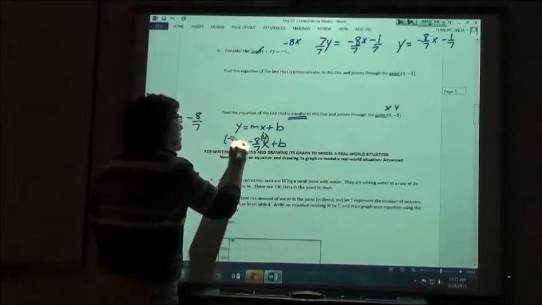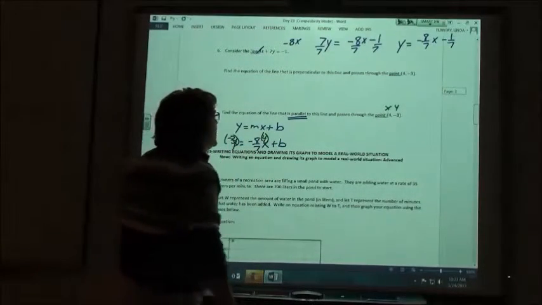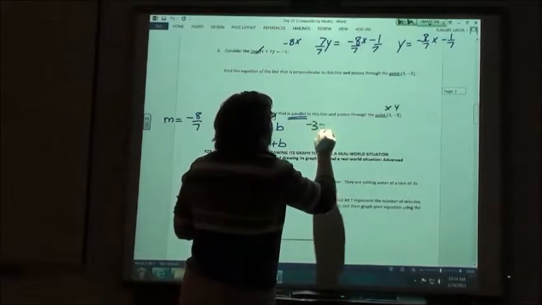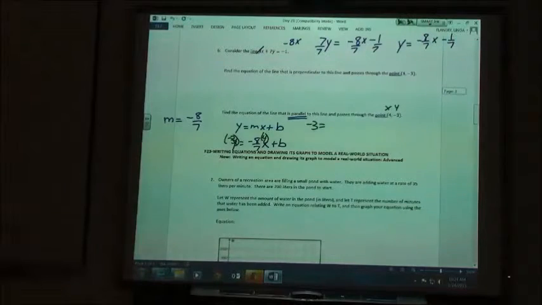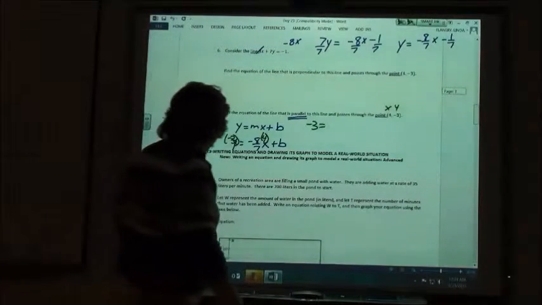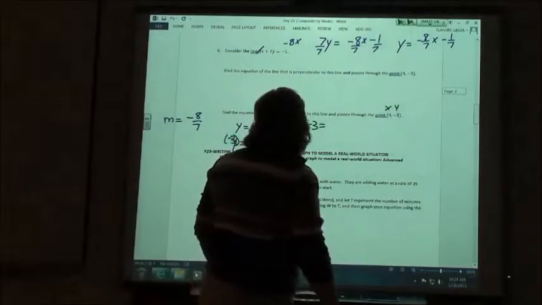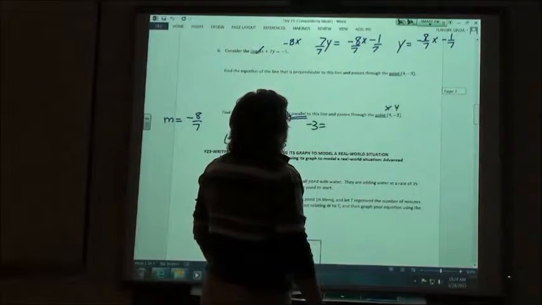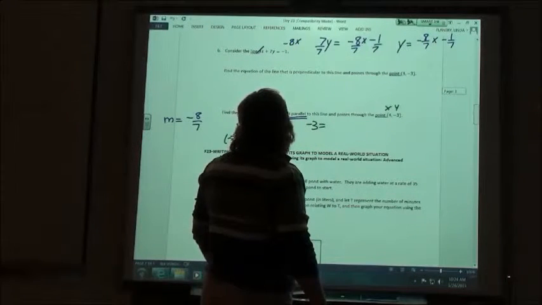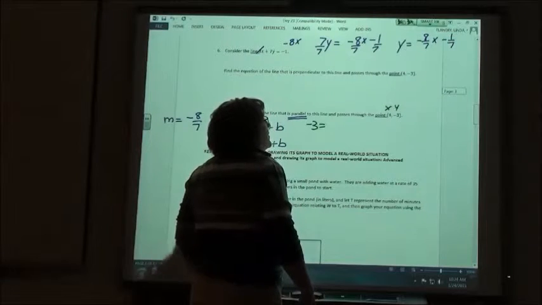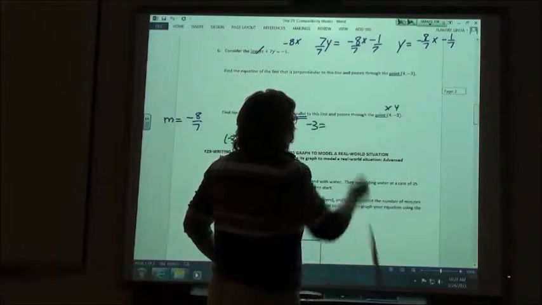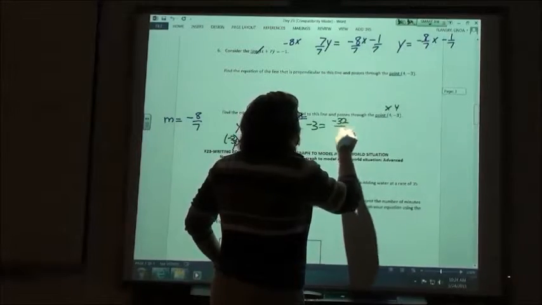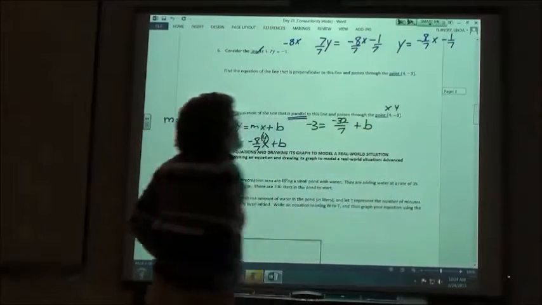And so now my equation says negative 3 equals negative 32/7 plus b.